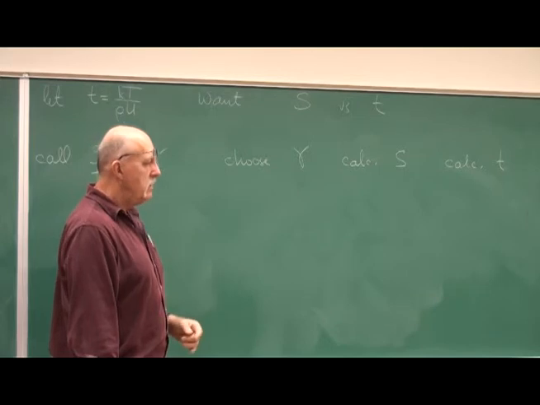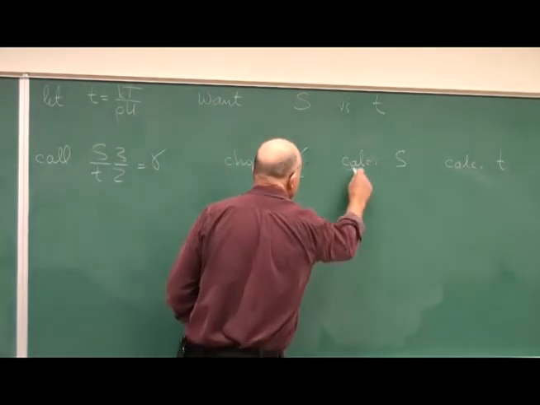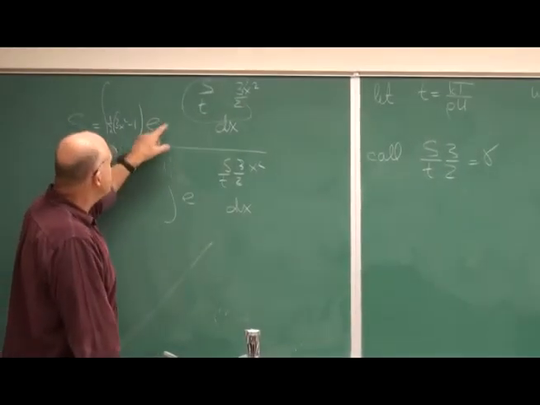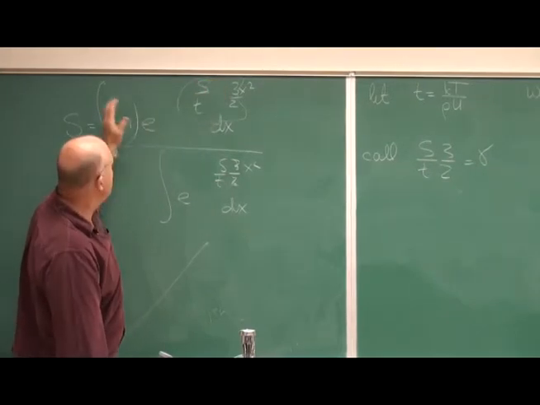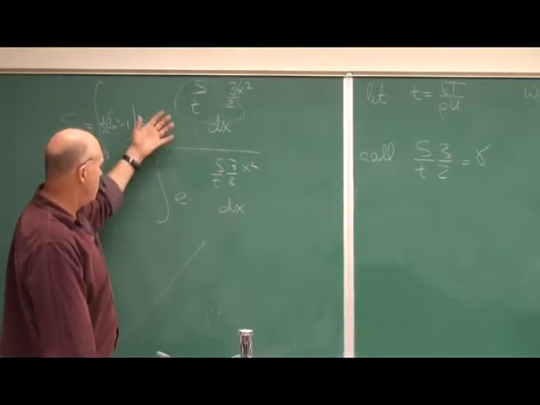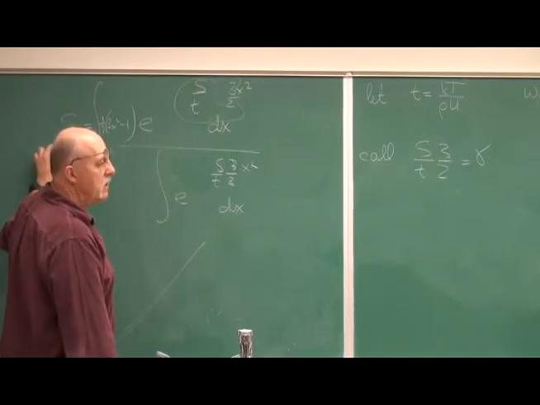How do I choose S or T? You don't choose it. You choose gamma, then you calculate S. Then you come back here, and you stick gamma in here, do this integral, stick gamma in here, do this integral, take the ratio, and you get an S. Now you know what S is.